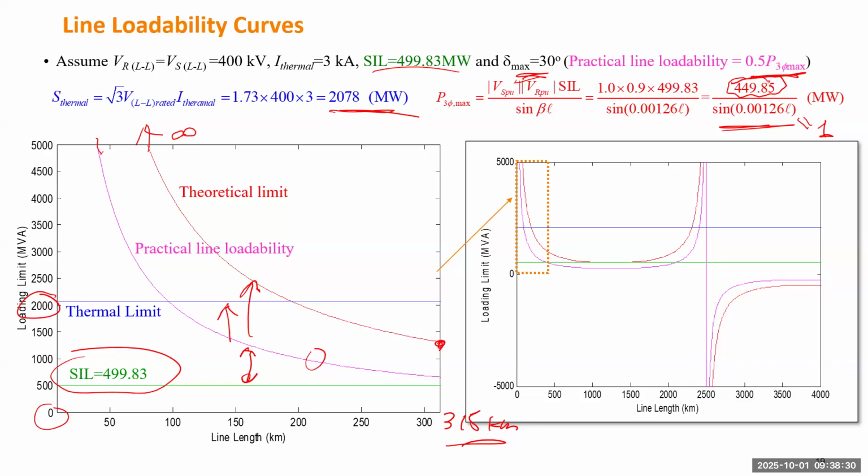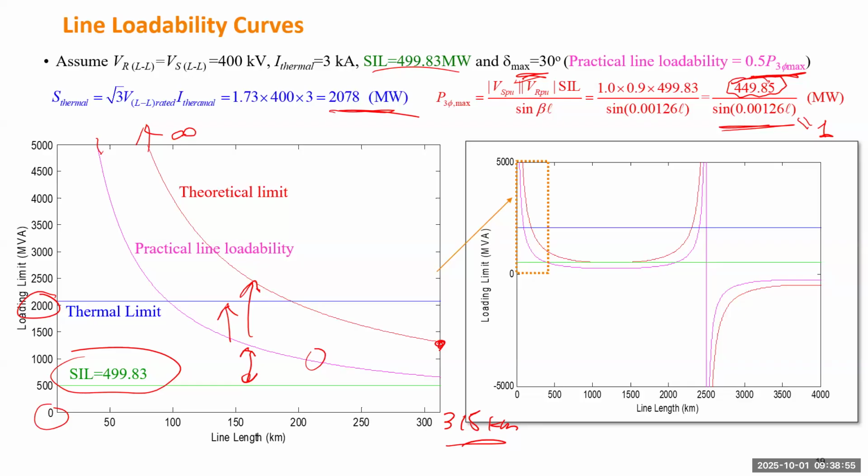So this explains why you cannot have a very long line, right? And if you make a line even longer, what if I only deliver a very small amount of power, not even higher than the surge impedance load? Would that be safe? No. Eventually when you reach half of the wavelength, which is 2,500 kilometers, you see the limit become negative.